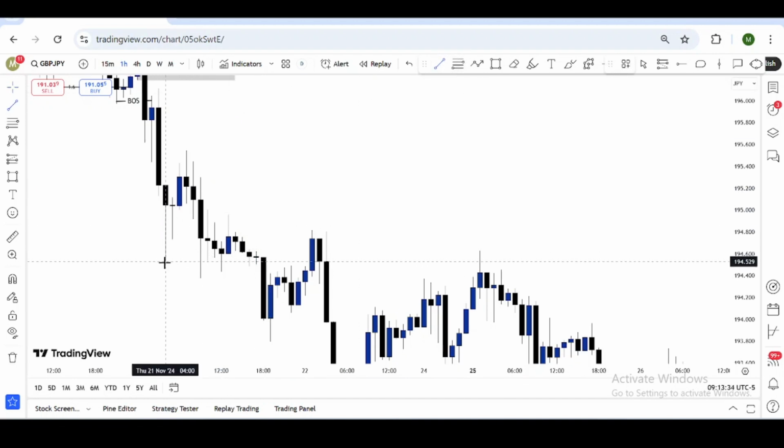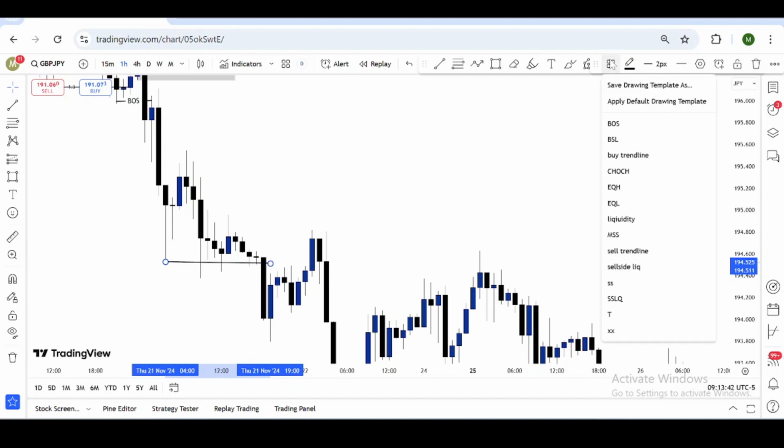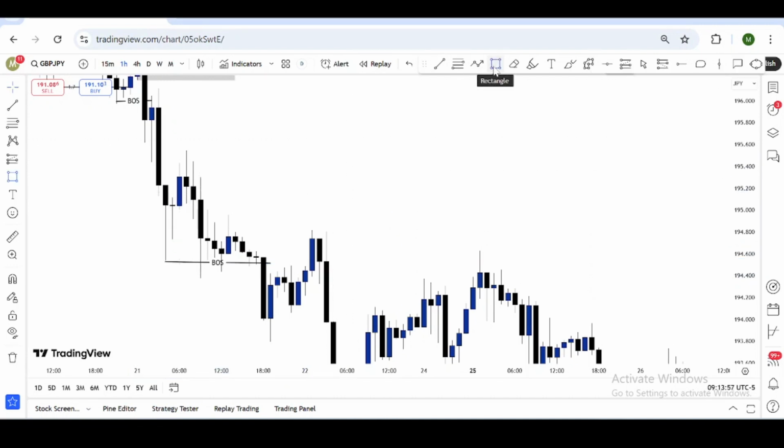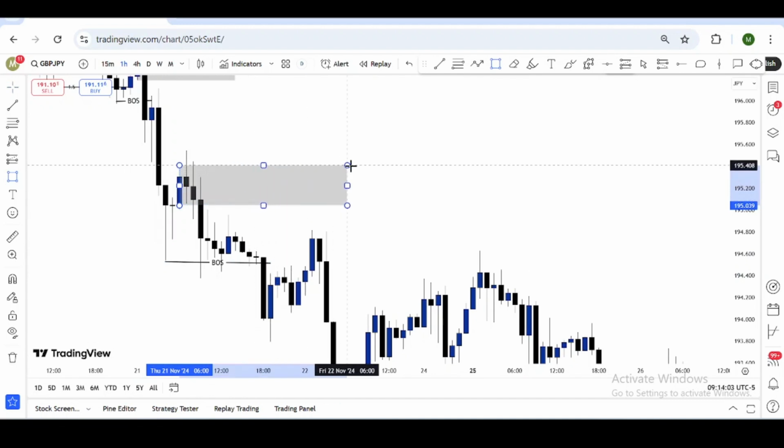So I will delineate this point like this all the way to this point here and label it break of structure, right? And this break of structure, where do we have an order block? We have an order block up here. Okay, we have this order block up here. I'm going to map this out. This last candle to the upside is an order block here to map it out.